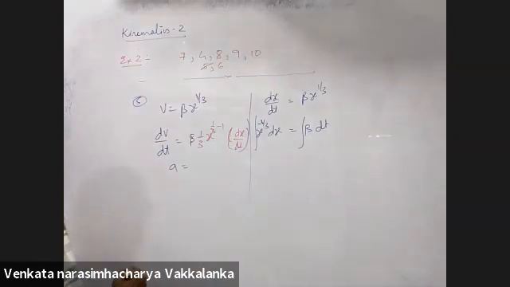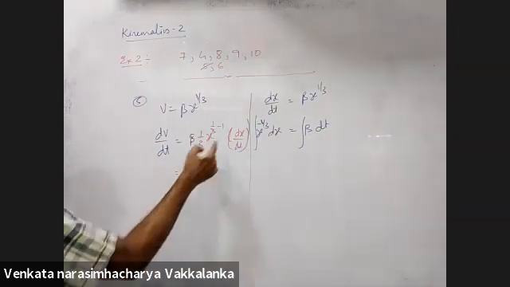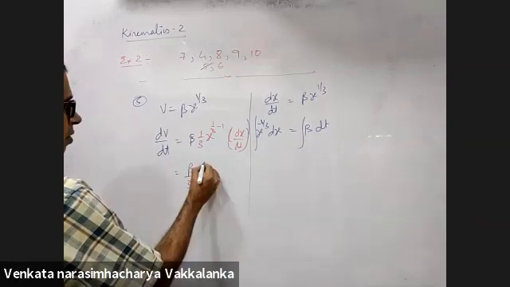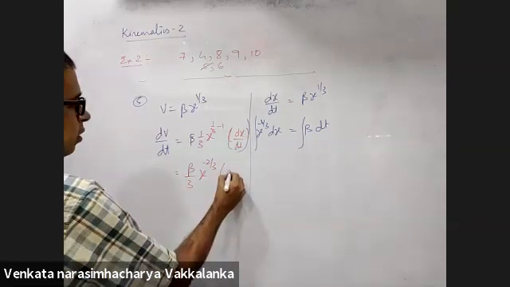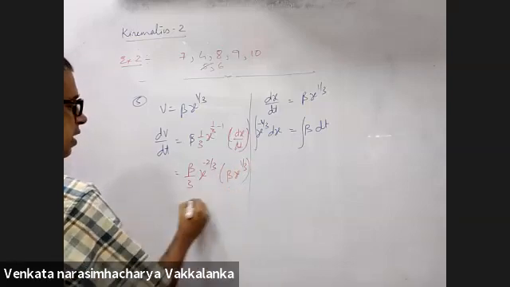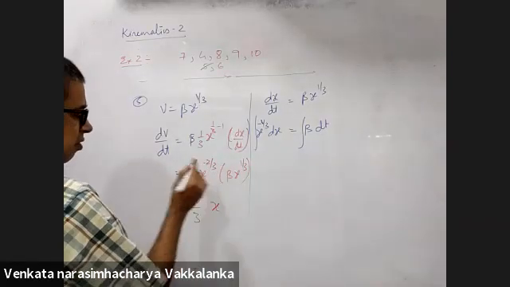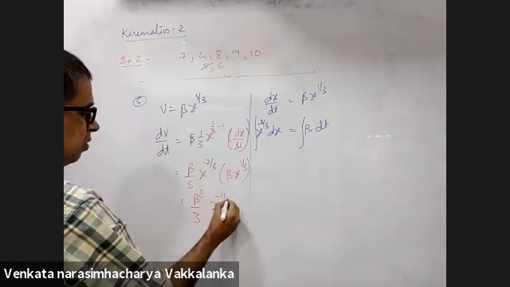Make the correction. Right, dx by dt will be velocity. Beta by 3 x to the power minus 2 by 3 into beta x to the power 1 by 3. So this will be beta square by 3 x to the power 1 by 3 minus 2 by 3, which is minus 1 by 3.